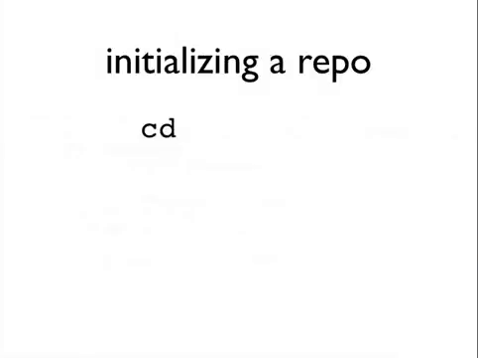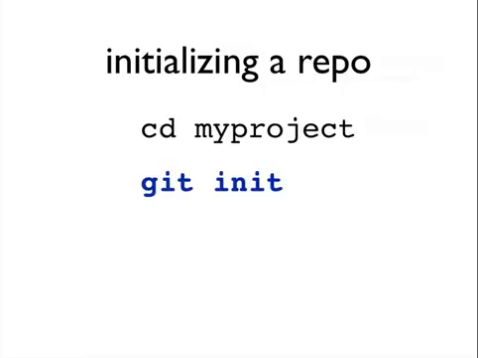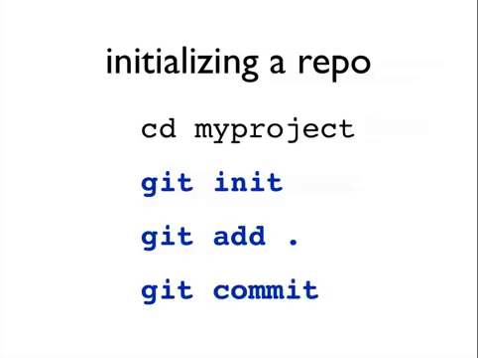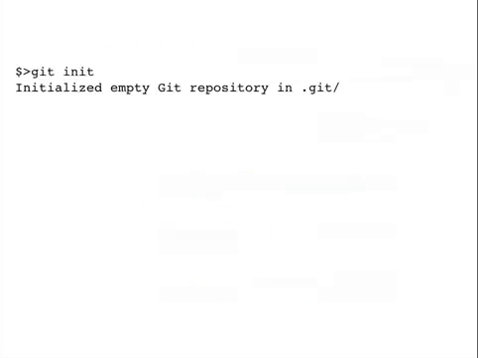So you can also initialize a local repository on an existing project. So go into your project, run git init, which creates the .git directory. Git add adds all your files. Git commit will put in your first commit. So let's see this. We run git init, which initializes the git repository, then git add.